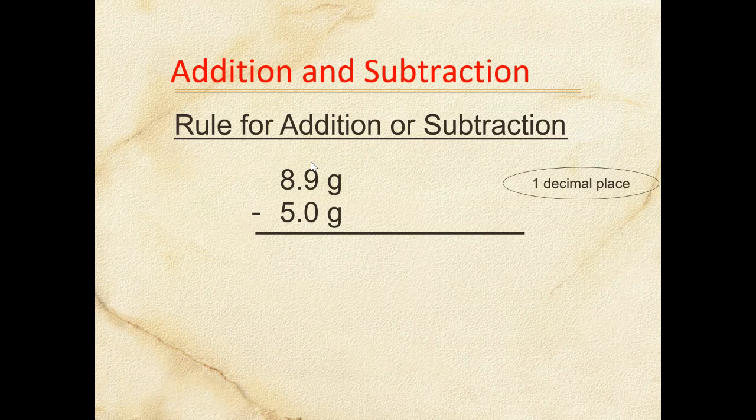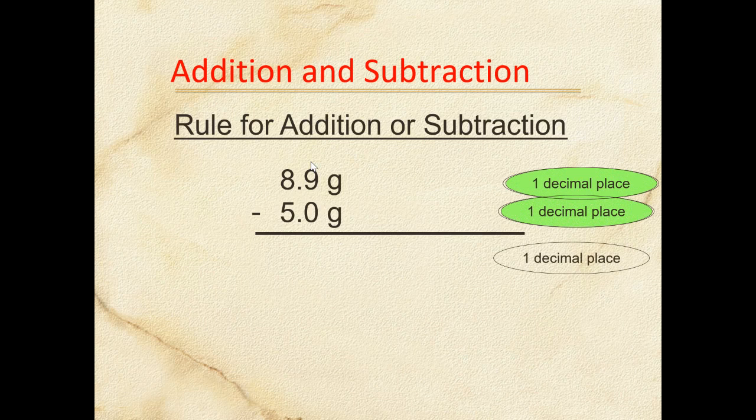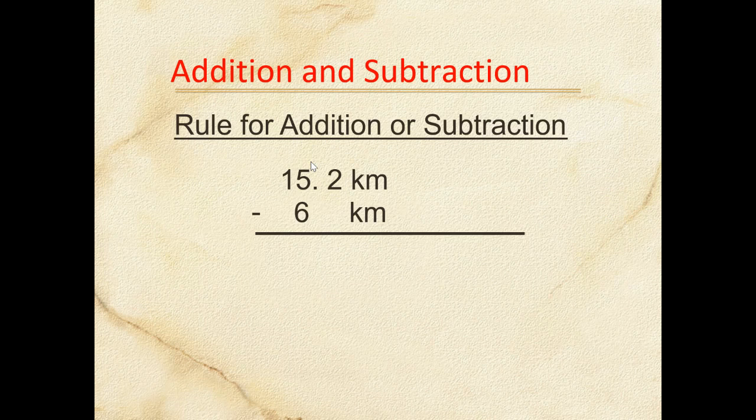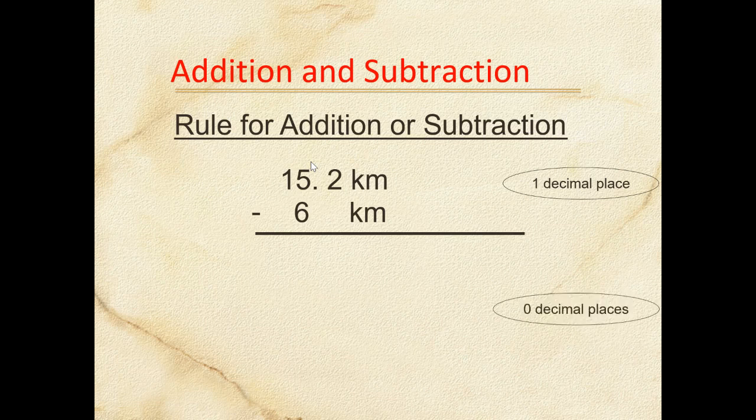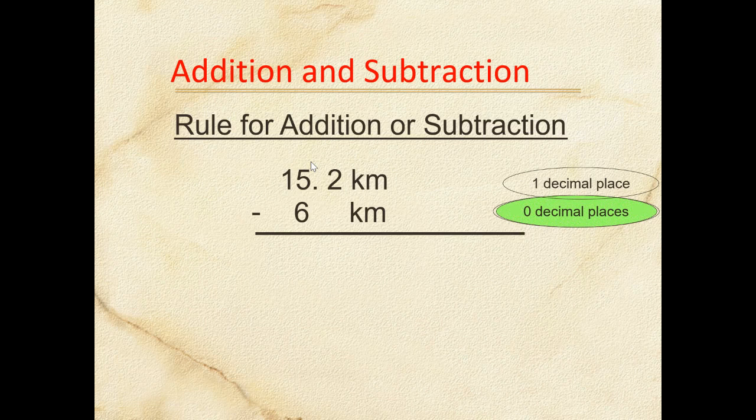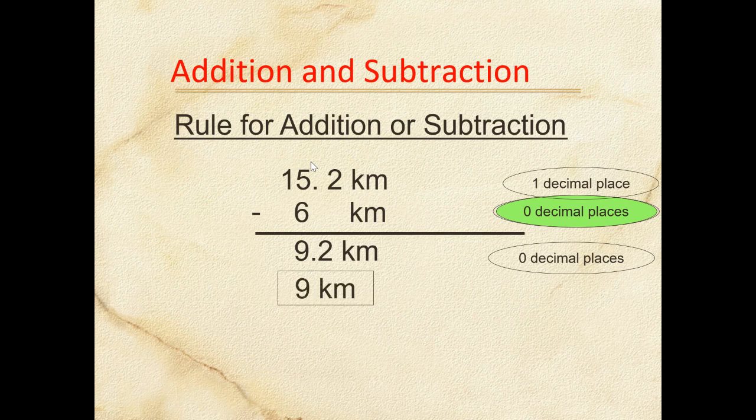All right, got 1 decimal place and 1 decimal place. Our answer is going to be in 1 decimal place. We can leave it, it does not need to be rounded. All right, another one, 1 decimal place and 0 decimal places. 0 is less than 1, so our answer is going to end up being in 0. We take our calculated value and we round it. We are not allowed to have a decimal place in that one.